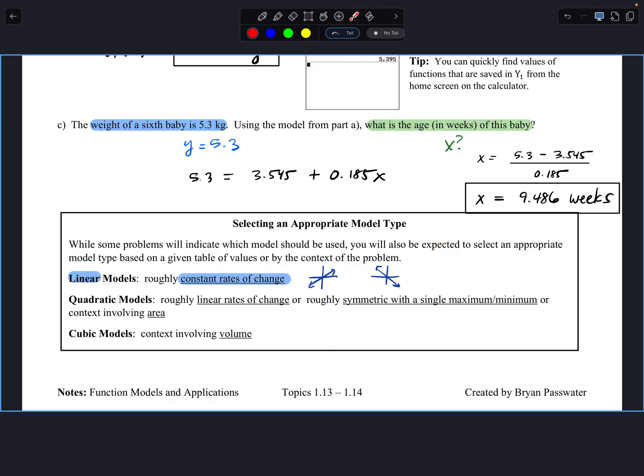So quadratic models have roughly linear rates of change, or they're roughly symmetric with a single maximum or minimum, or the context involves area. Length times width, or a circle, pi r squared.